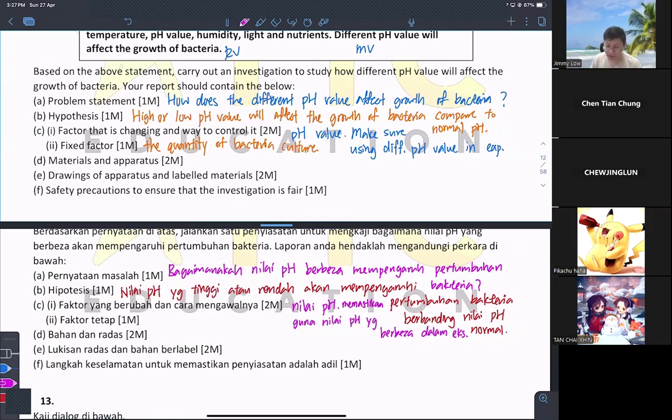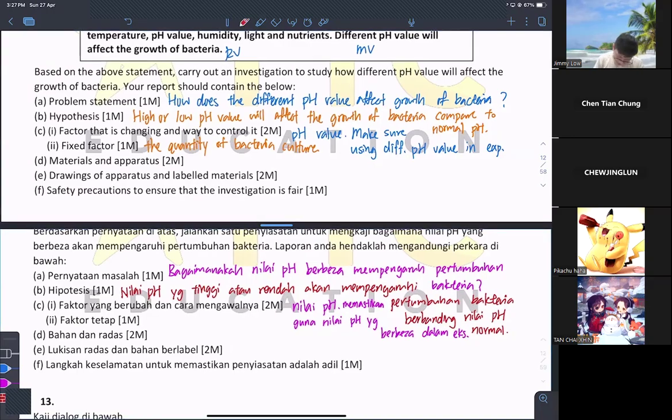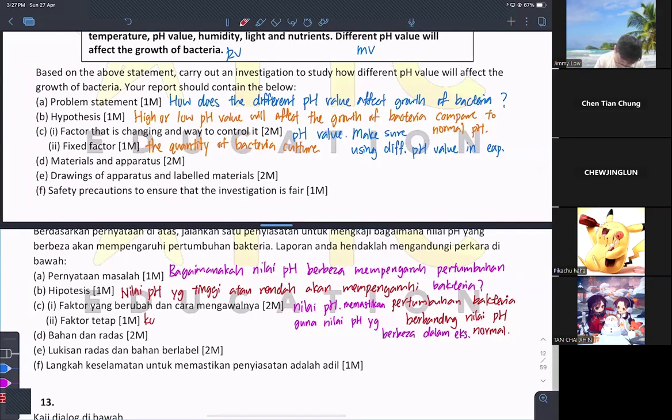Actually English is culture bacteria, but it's okay, I just accidentally swapped them. Just you have to know. Quantity of culture bacteria. So this is your constant variable.